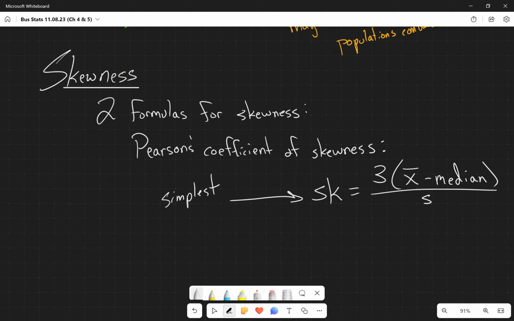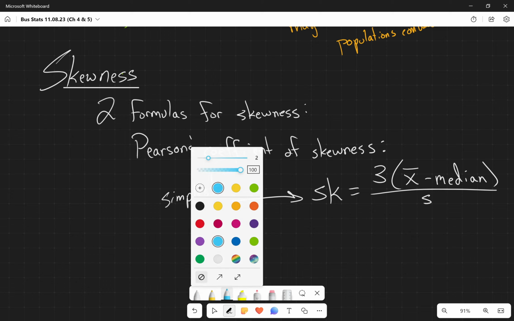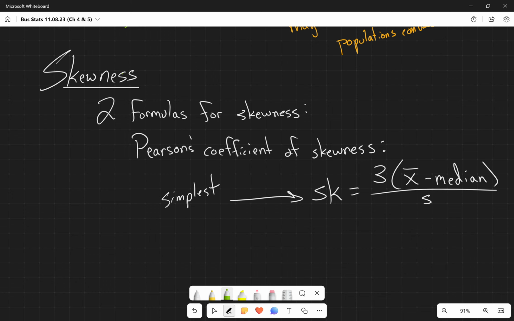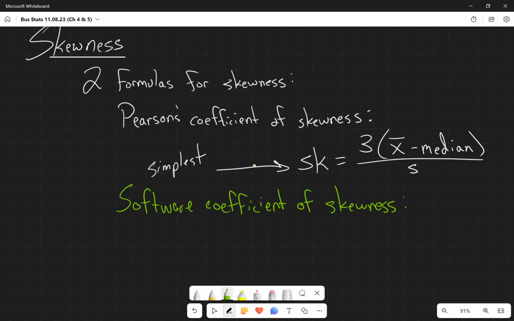Now, we also have a more complicated, more accurate formula, which we call the software coefficient of skewness. It is obviously not as simple as our Pearson coefficient of skewness, right?